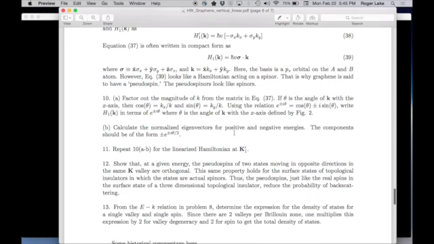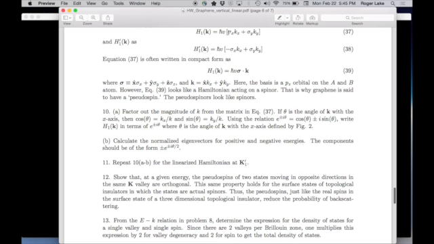Anyway, I sort of set you on the road to doing that down here when I say factor out the magnitude of k from your Hamiltonian here. So you'll have a k out front, h bar v k, and then you have a kx over k, a ky over k.